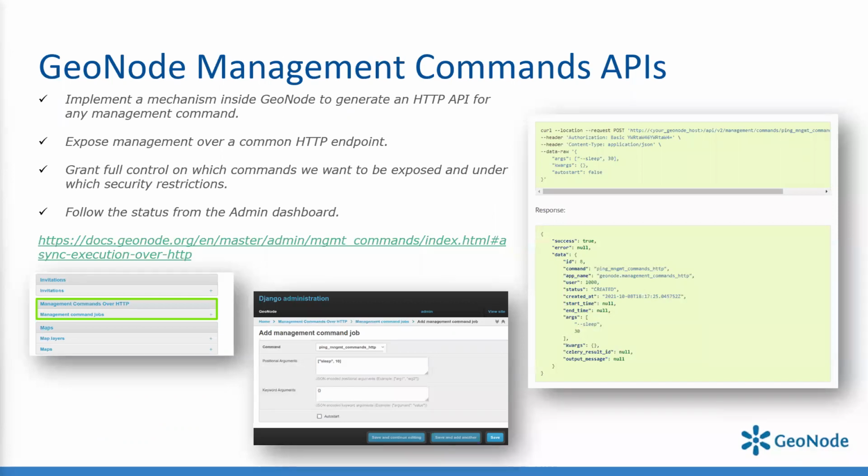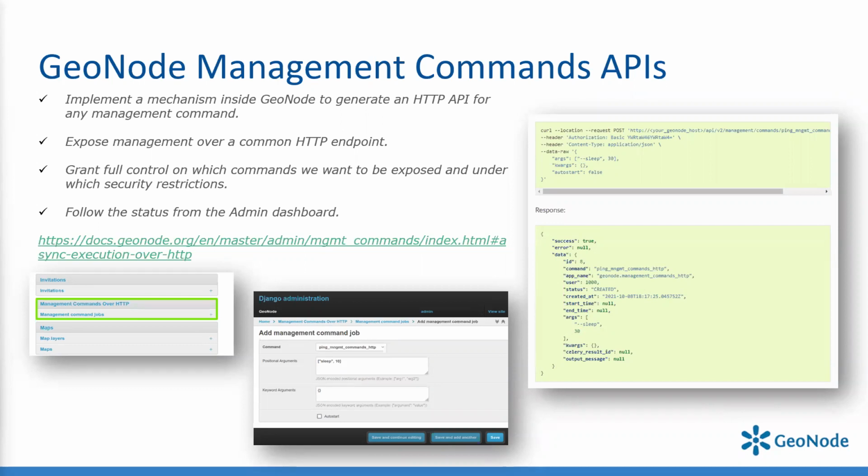By benefiting from the new API subsystem, GeoNode now also exposes some interfaces to run not all, but some of the management commands. So basically, you can now decide at configuration level which management commands you would like to expose to both the GeoNode admin dashboard and the GeoNode API endpoints.